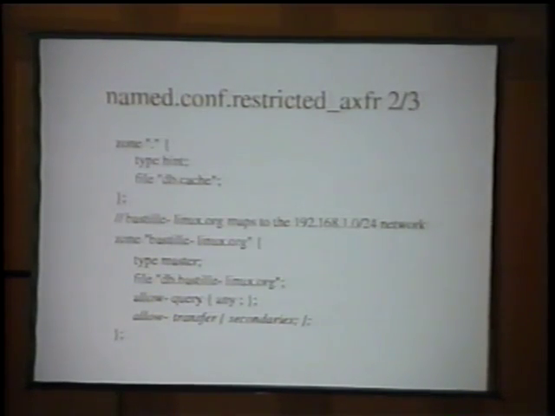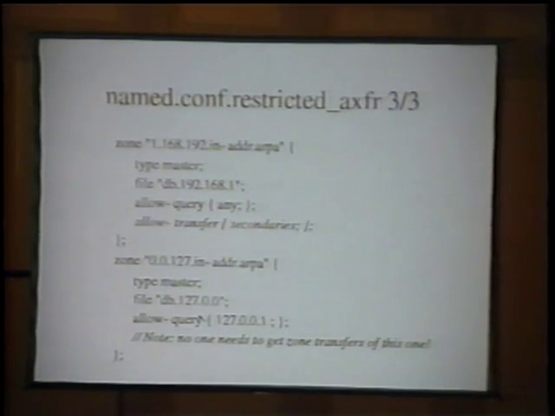So the next section of our file, for our zone bestdeallinux.org, we say, okay, you can do zone transfers, but zone transfers can only be originated by our secondaries. So the BIND server is going to say, okay, I'm going to block zone transfers from everyone, for every zone, except on bestdeallinux.org, I'm going to allow the secondaries to do zone transfers.